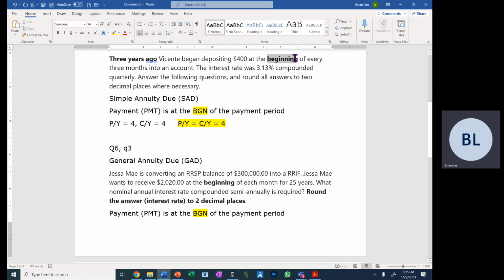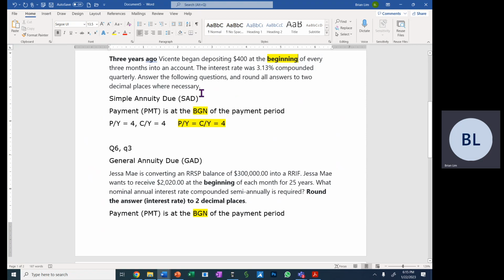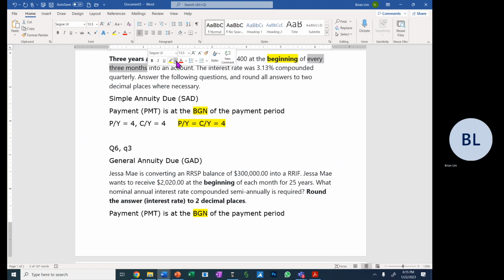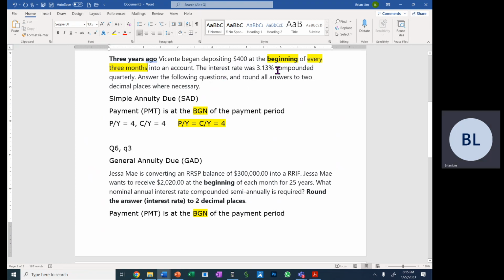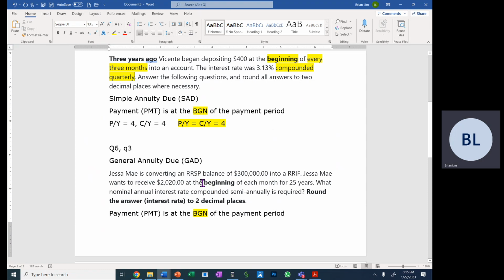All right, so there we can go back here and we can highlight beginning, and of course every 3 months. So that is the one for the PY, and then this here is the CY. All right, so there we are. That is CY there. And of course here you have beginning. All right, also, so there we are. Okay, so beginning, and then of each month.